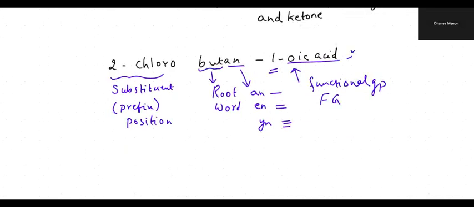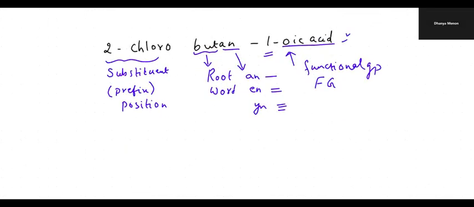Now, to start with, IUPAC does not consider chlorine, bromine, iodine, nitro group, double bond, triple bond, etc. as functional groups.